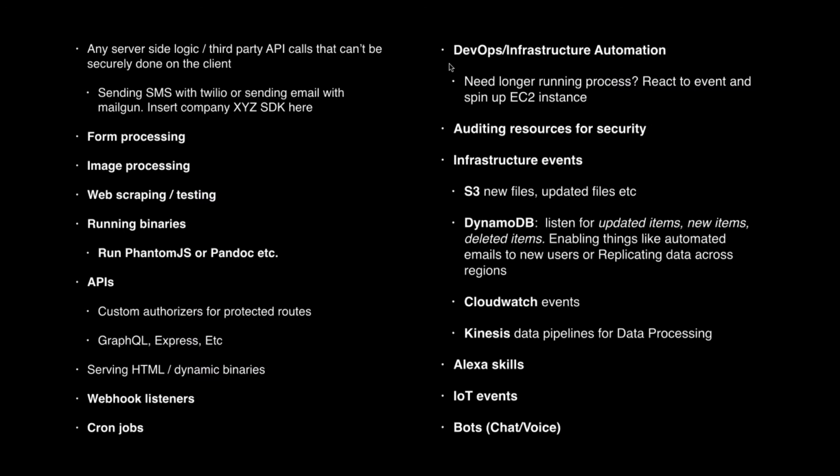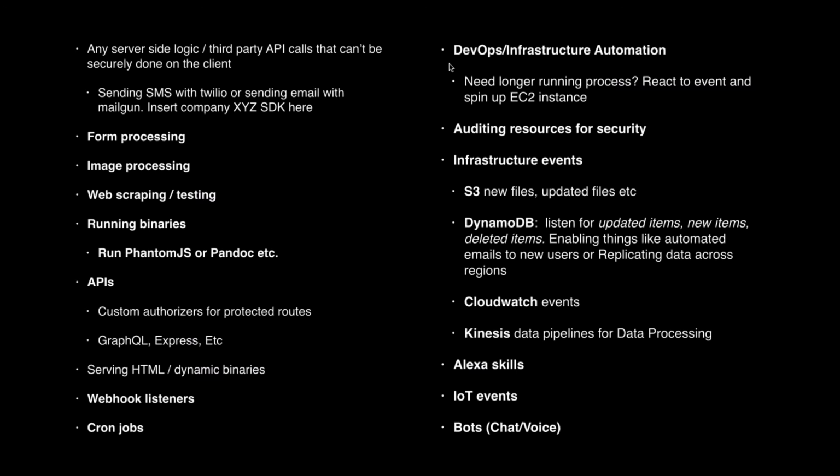Another use case would be DevOps and infrastructure automation. What I mean by this is you can set up events based off of your infrastructure. Let's say that your team is deploying EC2 instances and they don't have the correct certs, or there's things that aren't quite right about it.